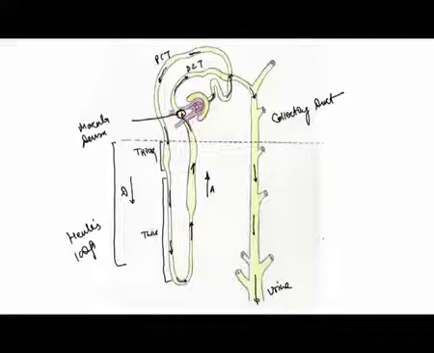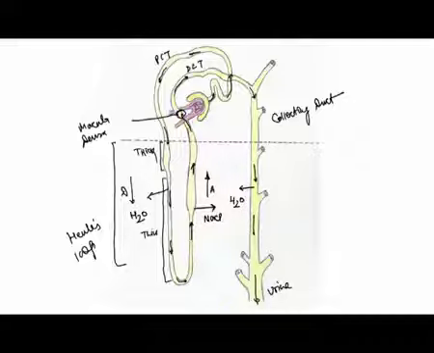Now, what we discussed here is that this particular area gives reabsorption of water, and this particular area gives reabsorption of salts, and finally the collecting duct also gives reabsorption of water.